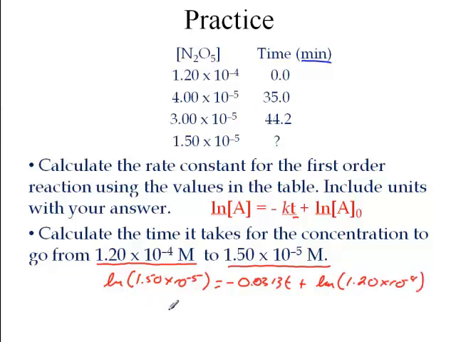Okay, and so then I use my natural log key. I get negative 11.11 equals negative 0.0313 t plus negative 9.028. And if you solve for t, you get t equals 68.6 minutes. So there we go.